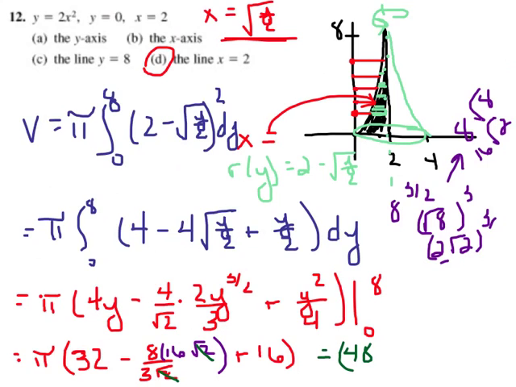This is all going to be times pi later. And then 8 times 16 is 4 times 16, 64, so 128 thirds, and 48 is 144 thirds, and 144 minus 128 is 16.